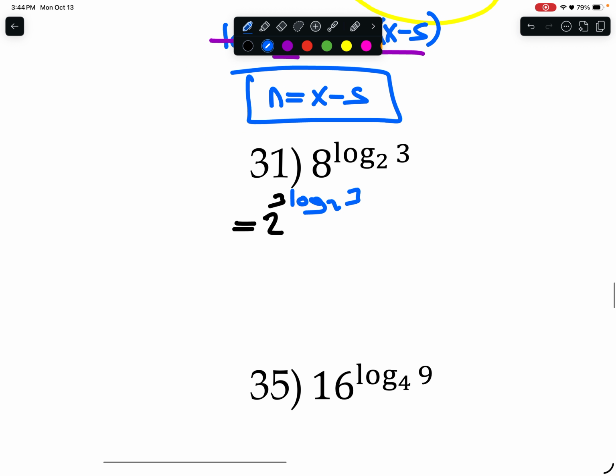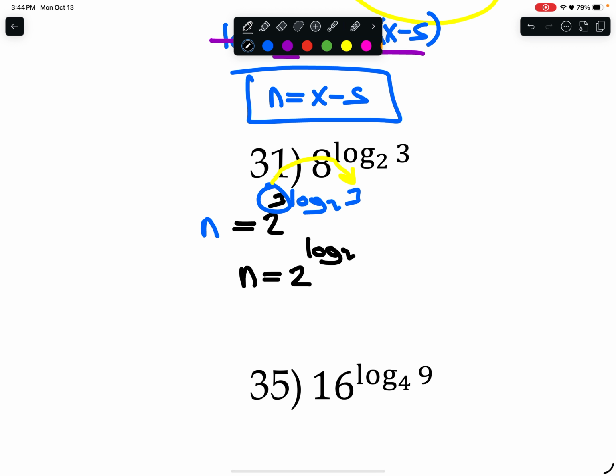Now, in order for this to convert, I need to get rid of this 3 right here. And what I'm going to do is use the power property. I'm going to make it an exponent.